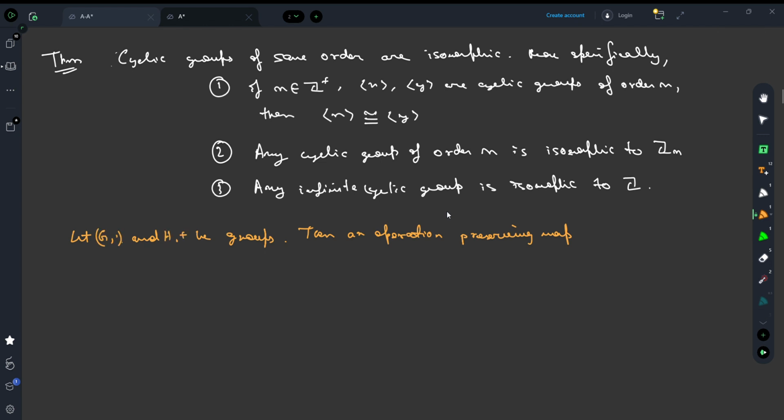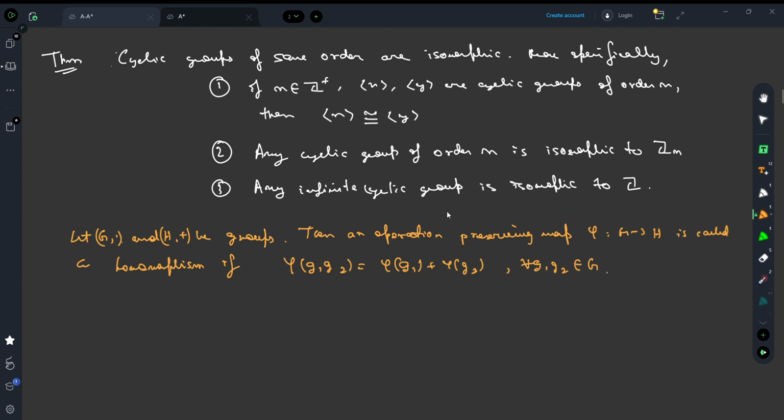Okay, let me specify the operations of G and H. So let (G, dot) and (H, plus) be groups. Then an operation preserving map phi from G to H is called a homomorphism if it obeys the following property, that phi of g1 g2 is equal to phi of g1 plus phi of g2 for all g1, g2 in G. Okay, so what do we mean by operation preserving?